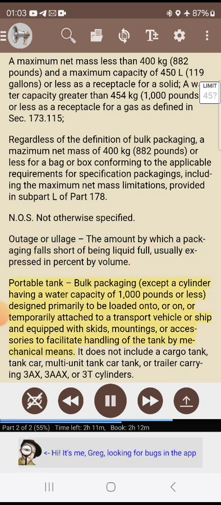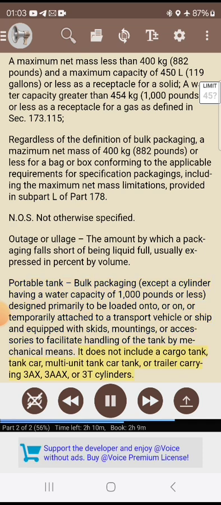Portable tank. Bulk packaging, except a cylinder having a water capacity of 1,000 pounds or less, designed primarily to be loaded onto, or on, or temporarily attached to a transport vehicle or ship and equipped with skids, mountings, or accessories to facilitate handling of the tank by mechanical means.